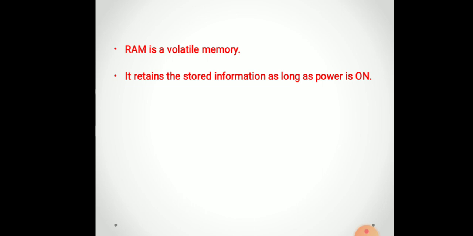But when the power is off, the data or information which is stored will be lost. So it can have the information only when the power is on.